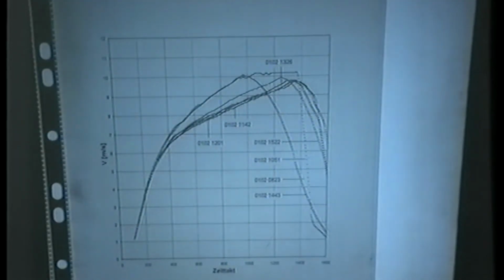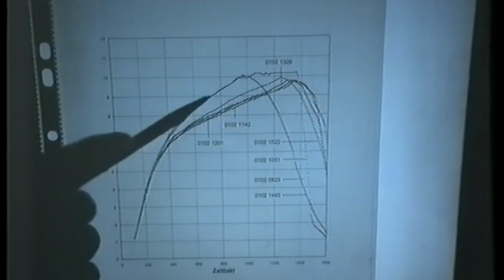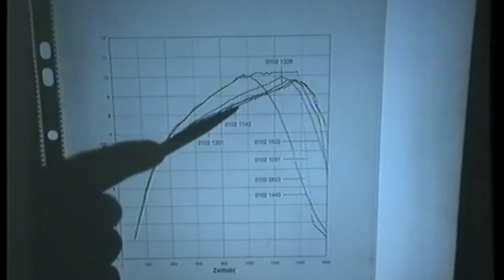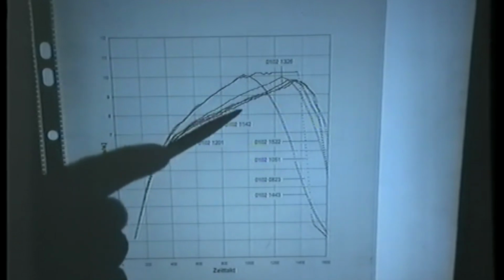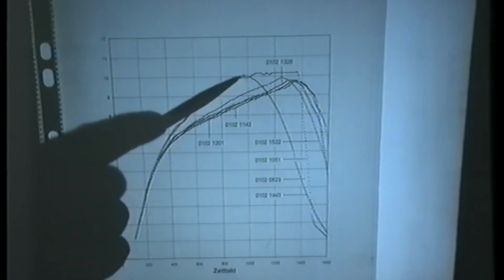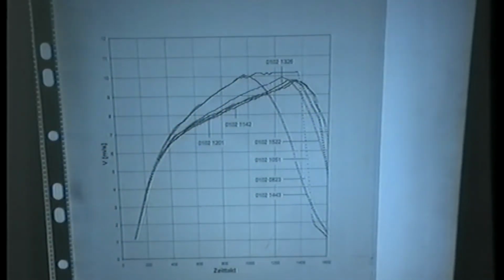We have run more than 120 tests with 35 different hydrodynamic shapes. But you see, the answer is very clear. You can immediately find a modification. You come from that speed to that speed in the same time, all same weight, same power. So it is a good device to control how good your hydrodynamics are.